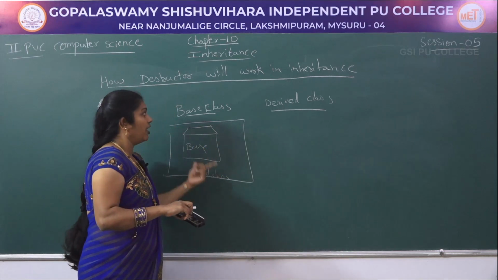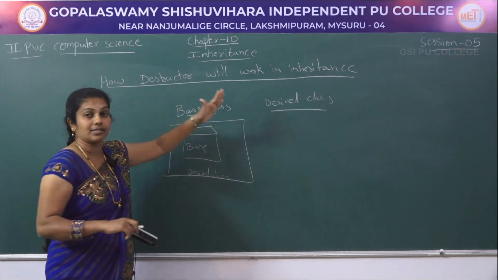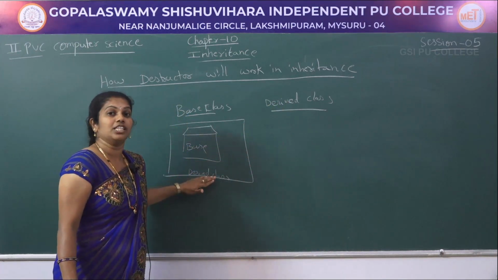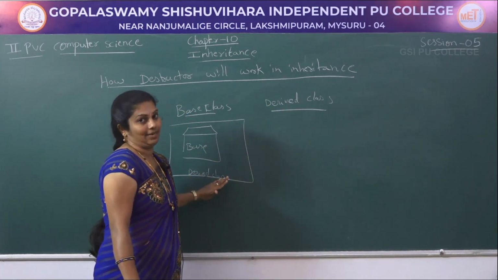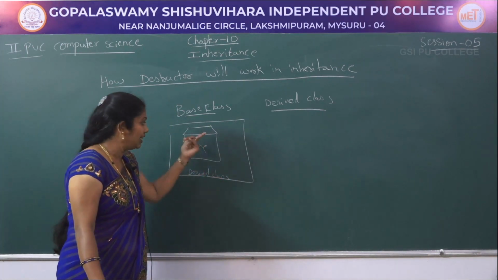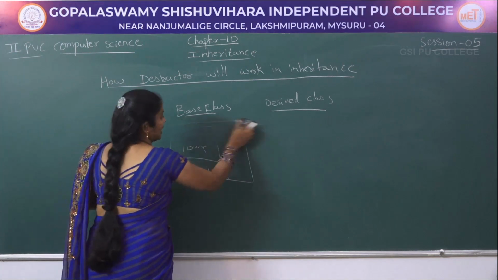It means that when you have a destructor function, how exactly the destructor function will work in inheritance is, first the destructor function will execute in the derived class. It executes first in the derived class, then later on it will go to the base class.